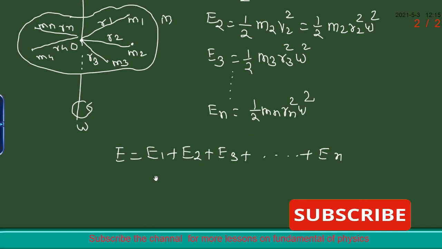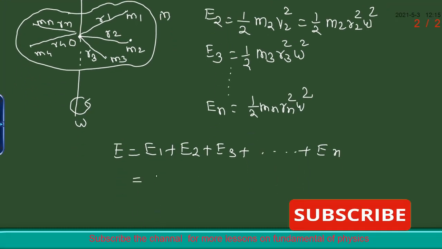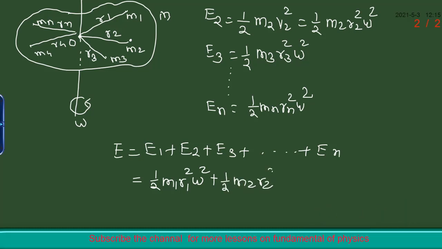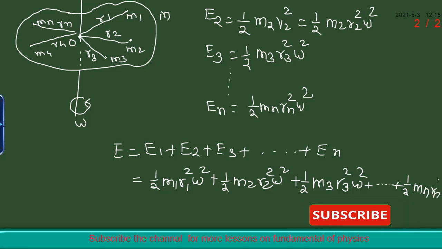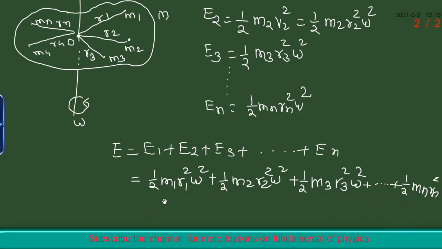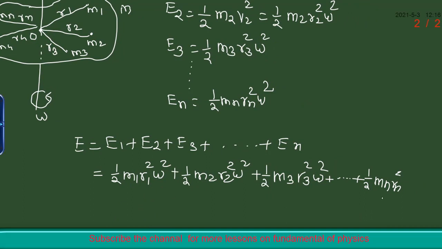Substituting the above equations, that is 1 half m1 r1 square omega square plus 1 by 2 m2 r2 square omega square plus 1 by 2 m3 r3 square omega square plus, last, 1 by 2 mn rn square omega square.